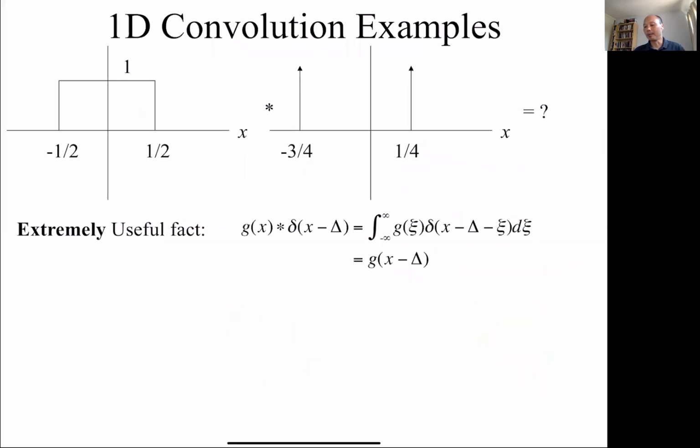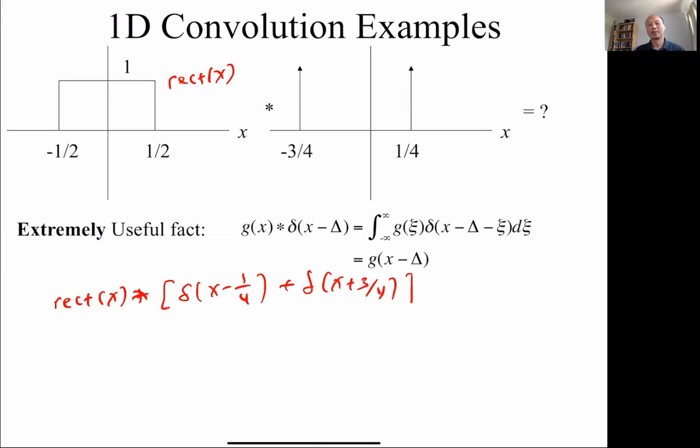So this is the first example. I have my function here, rect of x. And so mathematically what I'm doing is I'm taking rect of x and I'm convolving it with delta of x minus 1/4 plus delta of x plus 3/4. And what does this do?